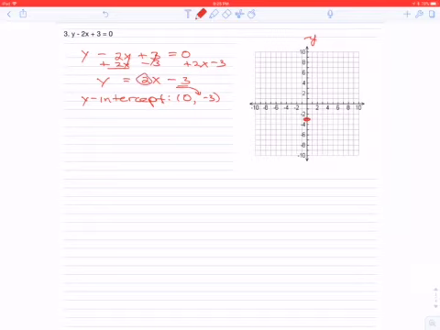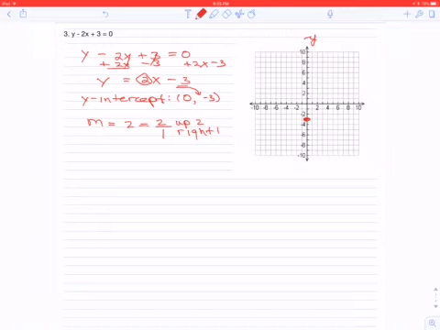Now the slope is 2. I need to express that as a fraction, so I'll put 2/1. The numerator tells us up if it's positive, down if it's negative. So that's a positive 2. I'm going up 2. The denominator is right if it's positive, left if it's negative. Well, that's a positive 1, so I'm going right 1.